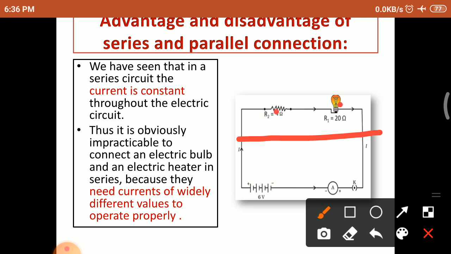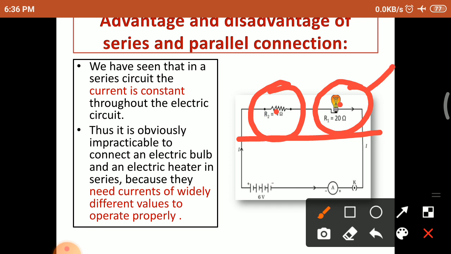So we cannot connect the electric bulb and the electric heater in series because the bulb needs one amount of current and the heater needs a different value of current. This is a main disadvantage of series combination.